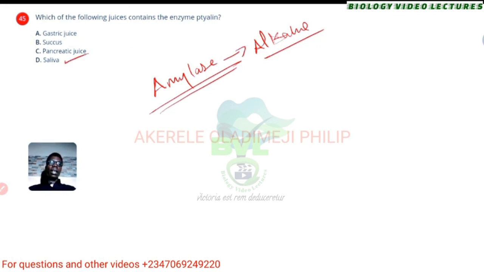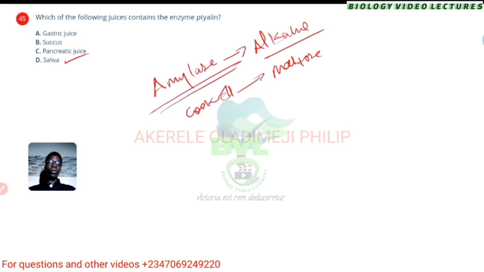Ptyalin is an enzyme that converts cooked starch to maltose. The function of ptyalin is to convert cooked starch in the mouth to maltose, and most, if not all, amylases work best in an alkaline medium.